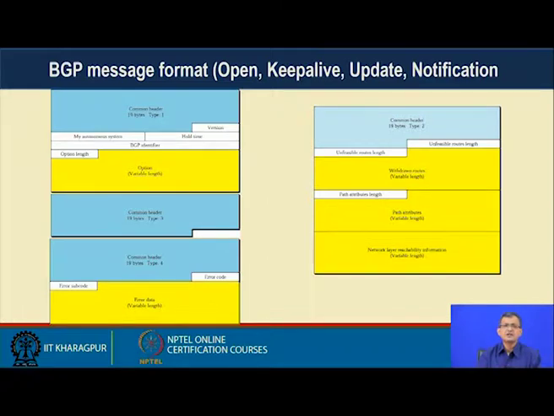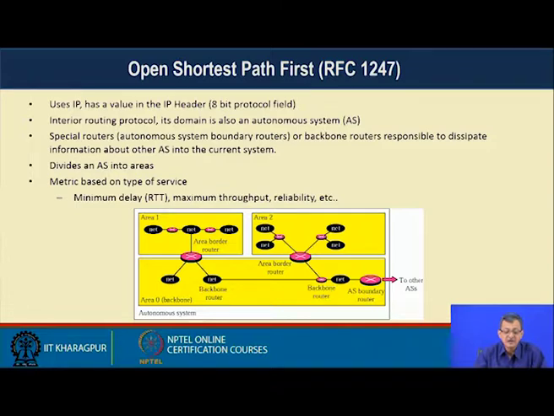And these are the different formats of the BGP messages: open, keep alive, update and notification, so that it can exchange information across different ASes. Similarly, for OSPF, which is used within the area network, which we have already discussed, that is within the AS.